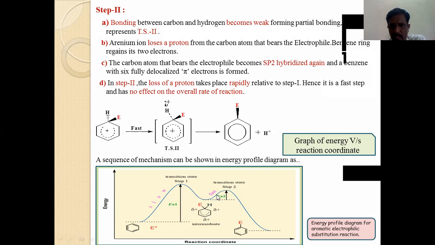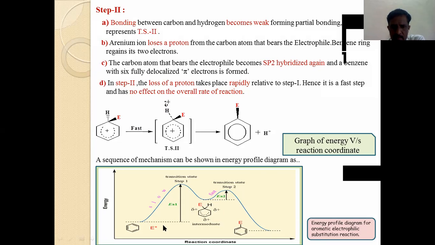Again there is a slight increase in the energy, and a formation of a transition state. This is transition state second, and the distance between this one and this one is called the energy of activation second, or EA2. This reaction is fast. Again there is a rapid decrease in the energy, and a stable energy is reached.